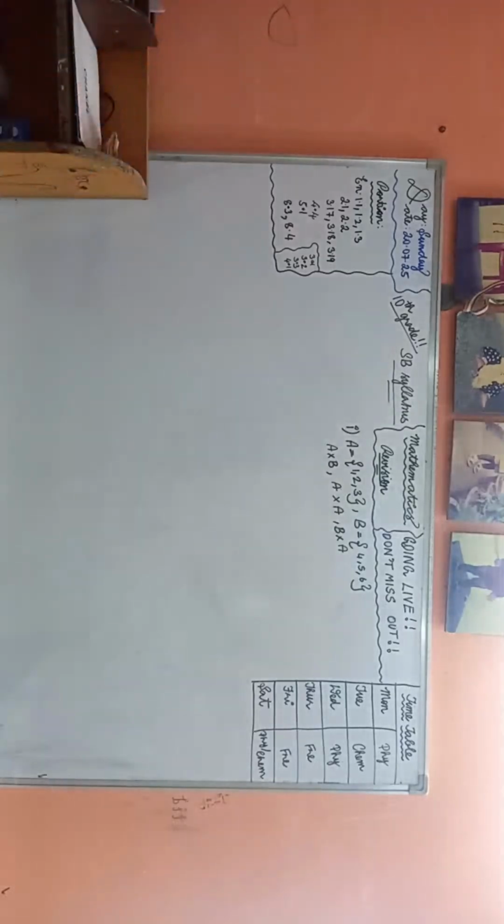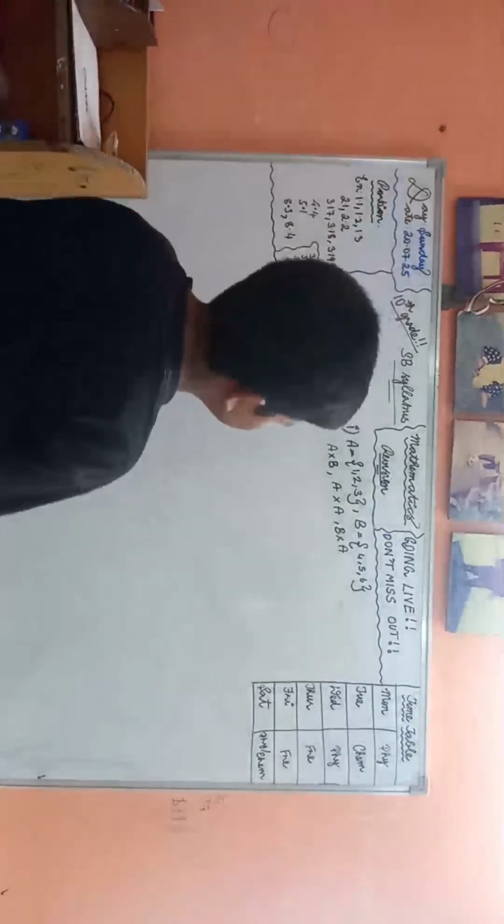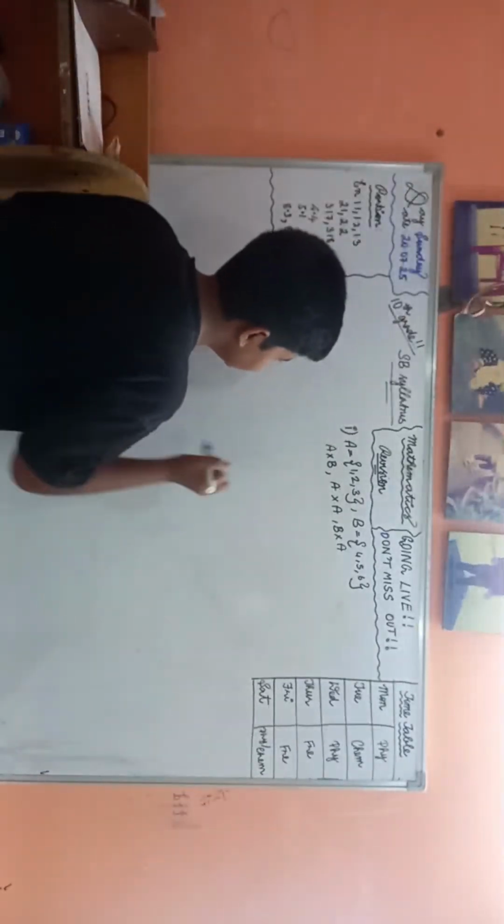By looking at the question you can clearly state that the question is kind of complicated, so let's find A into B.